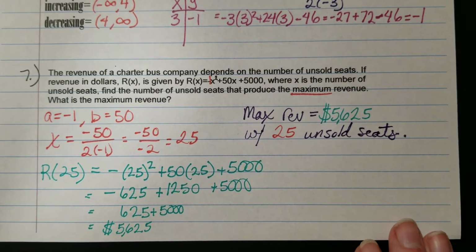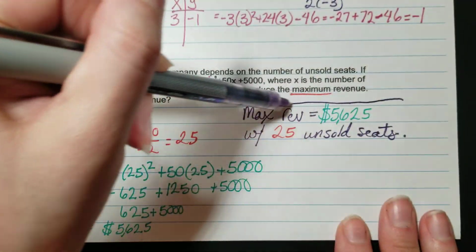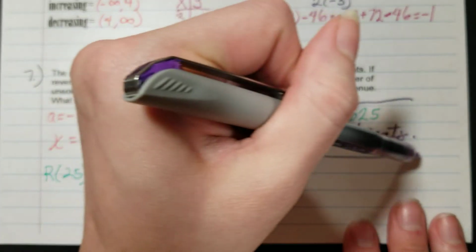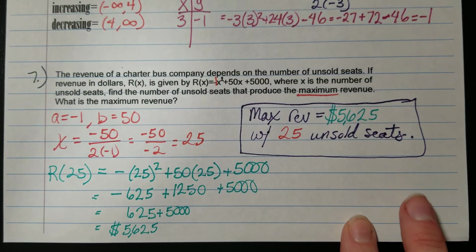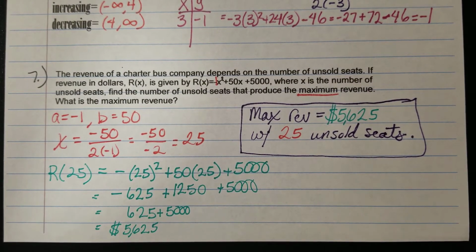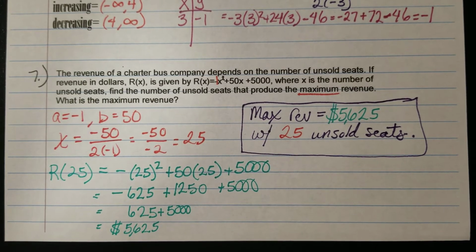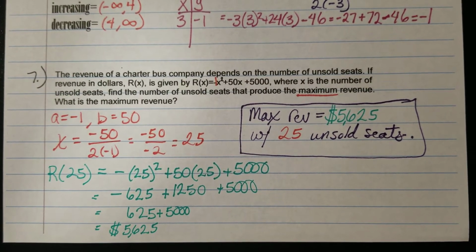All right, so I'm not really sure how having more unsold seats could be a good thing. You would think selling out the whole plane would be ideal, but then again, I don't know anything about that. Maybe they charge less the more people they have on the plane, because we did have a problem like that one time.